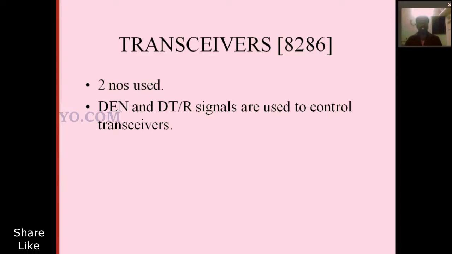So the DEN and DT/R signals are used to control the transceivers. DEN means data enable. DT/R indicates whether the transceiver acts as a transmitter or a receiver. Two transceivers are used here in minimum mode.